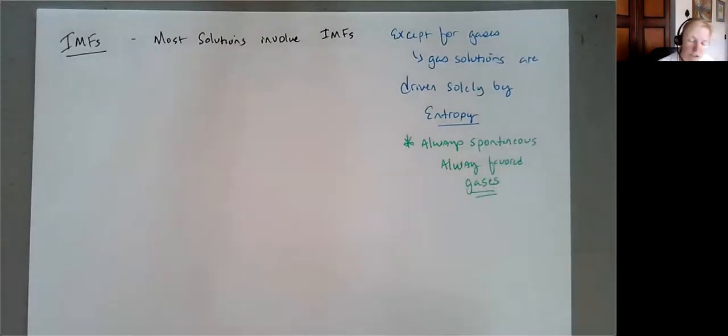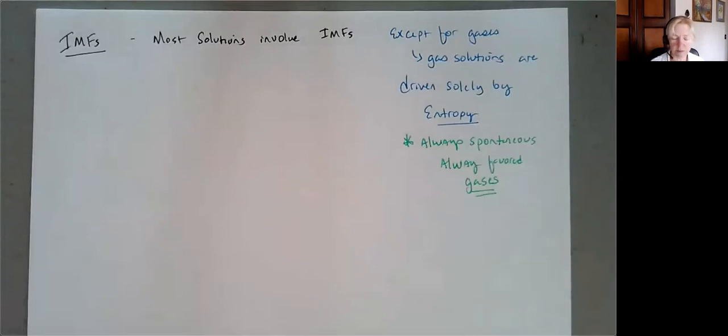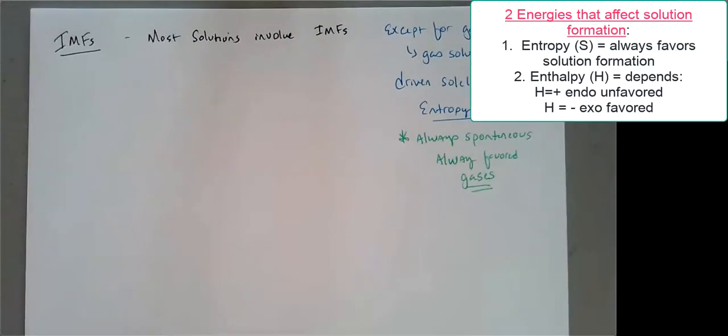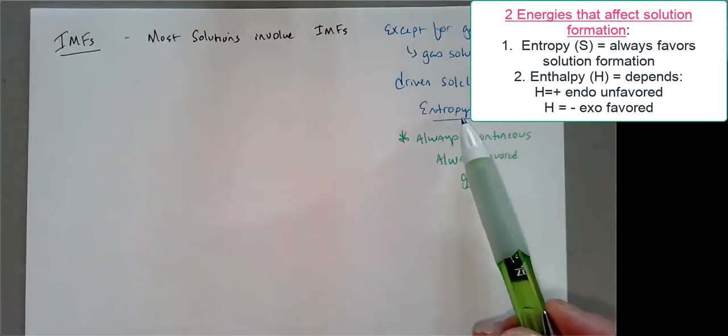And so there's two components that drive the formation of a solution. Entropy is always going to be favored, because if you form a solution, you're always increasing the amount of disorder or dispersion that's happening. So entropy is always going to favor a solution. Because gases have no intermolecular forces, the only thing that's driving it is going to be entropy.